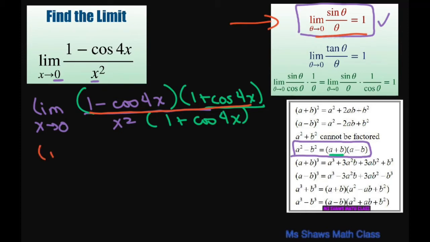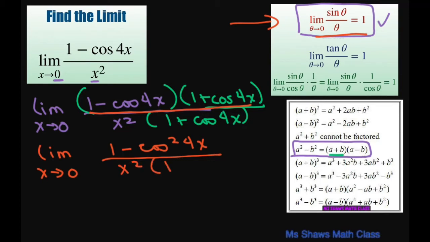So condensing this, I'm going to get the limit as x approaches 0 of 1 minus cosine squared of 4x. I was trying to skip a step, sorry. So you have x squared times (1 plus cosine of 4x). Now this just equals sine squared of 4x, and that's what we wanted.